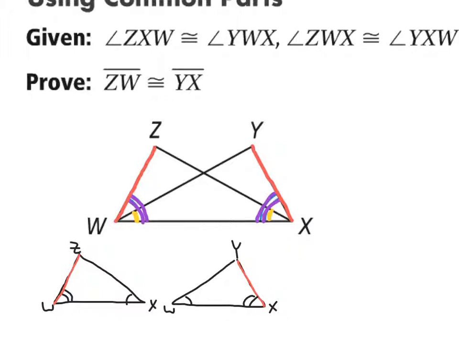Yeah, line segment WX is the same line segment in both triangles. So that means this guy is congruent to that guy. Okay? So yes, we're going to be able to show the two triangles are congruent. And once we have that, we can then show the parts we're trying to show are congruent are then congruent. Okay, good. So we've got all of our information here.